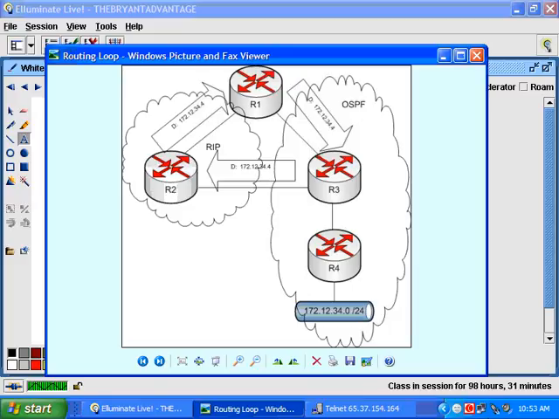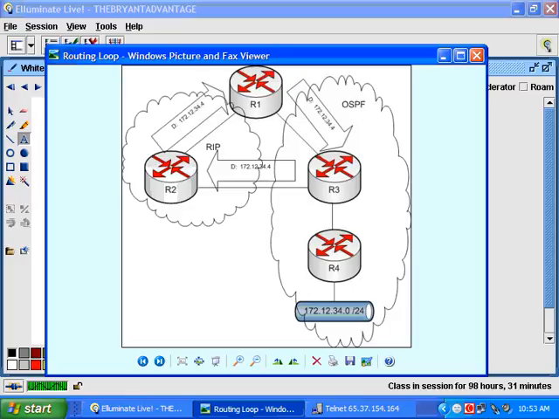Through some kind of misconfigured route redistribution here, router 3 has gotten the idea that to send data to 172.12.34.0, it should send it to R2. And then R2 sends it to R1. And then R1 sends it to R3. And now we're in a routing loop. That data cannot possibly get to 172.12.34.0. That's a routing loop.